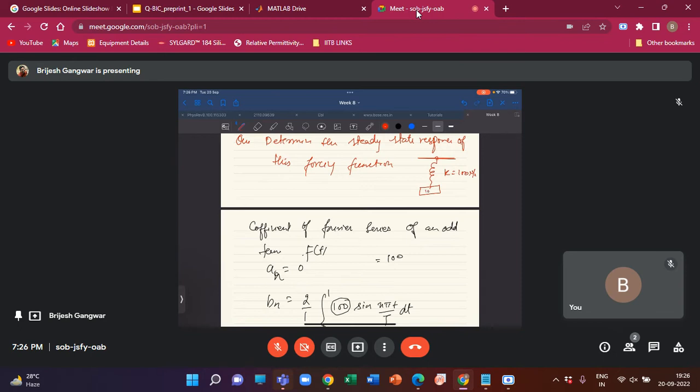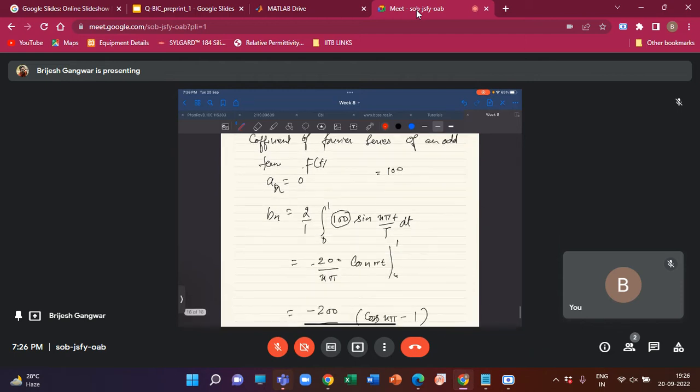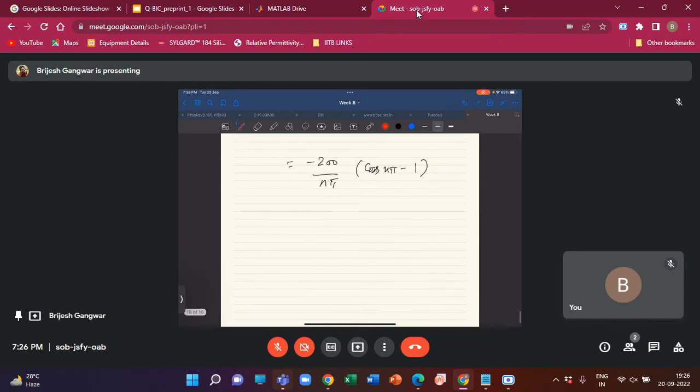So this is a 10 kg block, and this is 0.5 kg per second damping. Okay, so now the Fourier representation of this function.